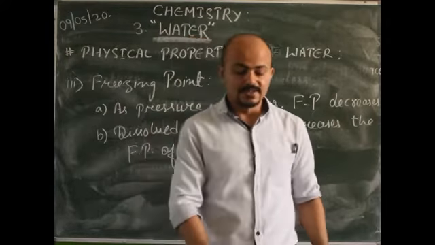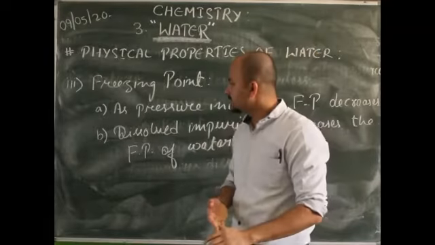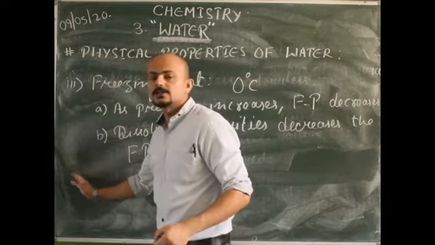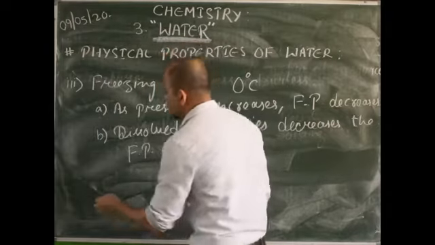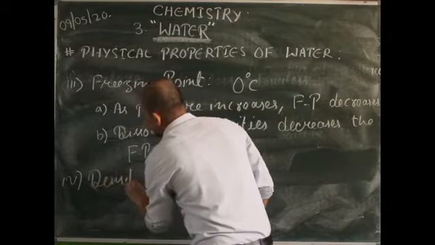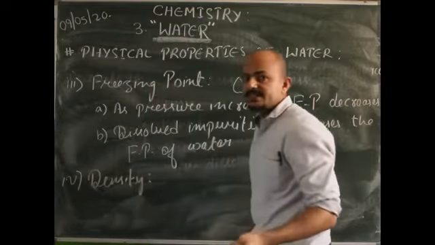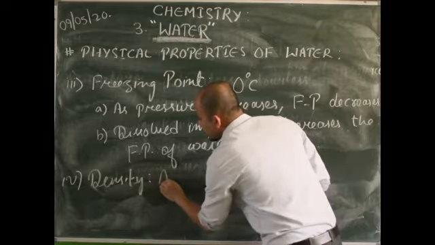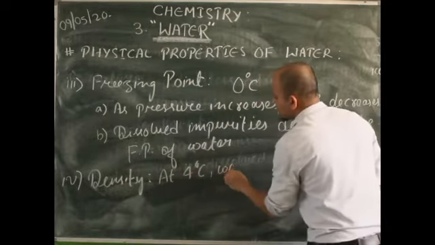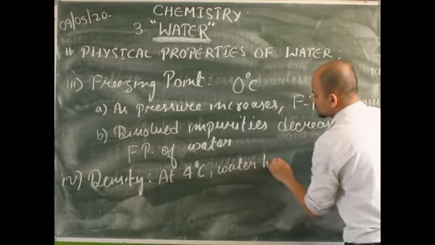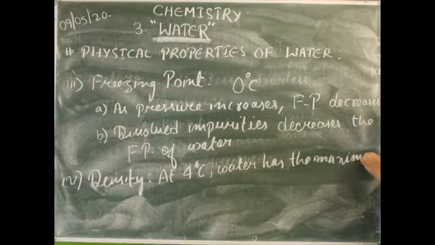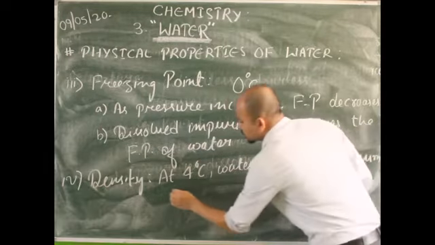Okay. Now the next topic is density. That means the fourth physical property of water. Density. At 4 degrees centigrade, please remember this one. At 4 degrees centigrade, water has the maximum density.